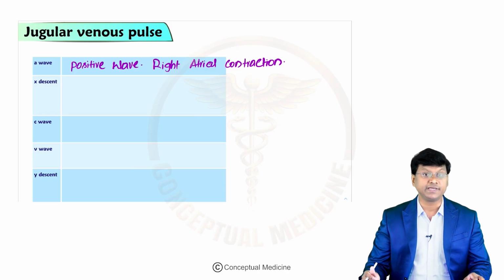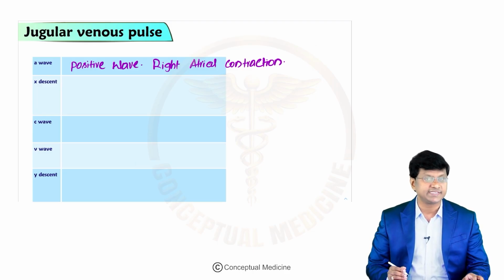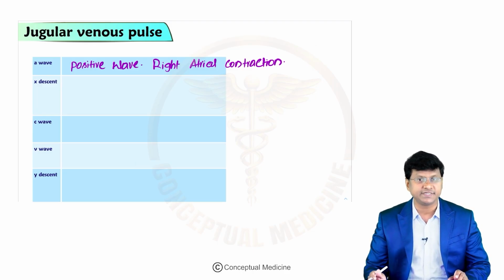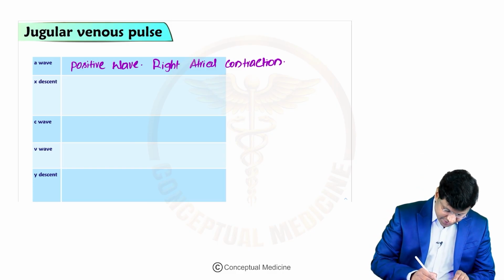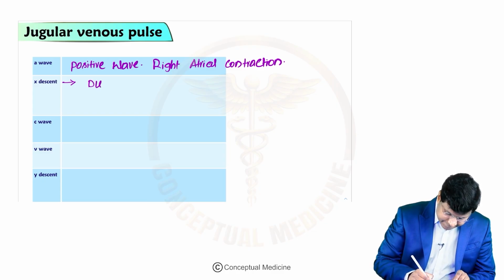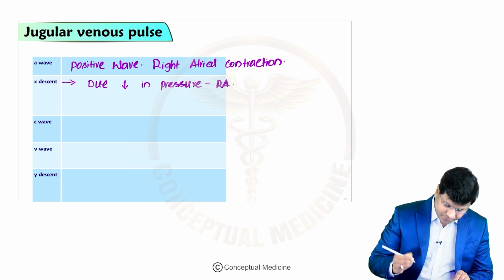Whereas if you take the X descent, it is what? It is a negative wave. And what does that represent? It represents the atrial relaxation. So what do you mean by the word negative wave? It is a waveform due to decrease in the pressure in the right atrium.